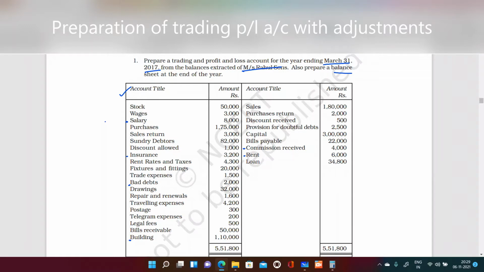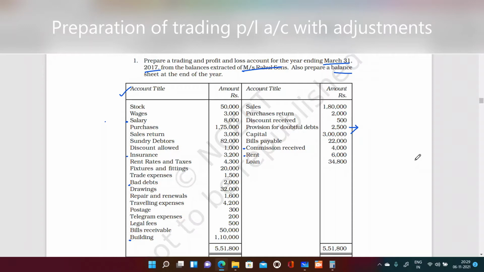And on the credit side it is given sales, purchase return, discount received, provision for doubtful debts. This is the old provision which you created last year, so it is shown on the credit side. Capital 3 lakhs, bills receivable 22,000, commission received 4,000, rent 6,000, loan 3,800. So it is on the credit side, so it is your liability, loan.